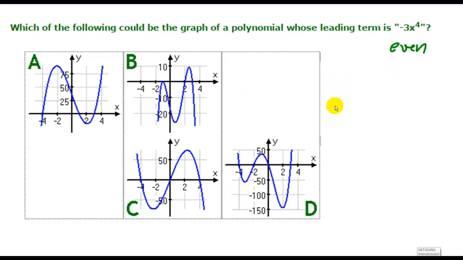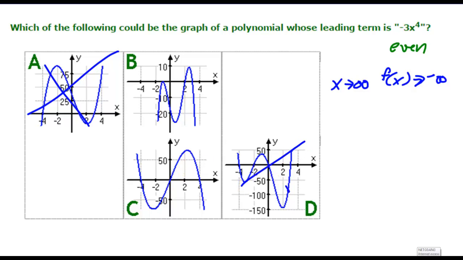So when x goes to positive infinity, I put a positive very large number in here, I get a positive out, multiply it by a negative, so I say x goes to infinity, f of x goes to negative infinity. That's my end behavior, and I want to look at which one of these does that. Going to positive infinity, it goes down. So this one's out, this one's still okay, this one's okay, and this one's out.